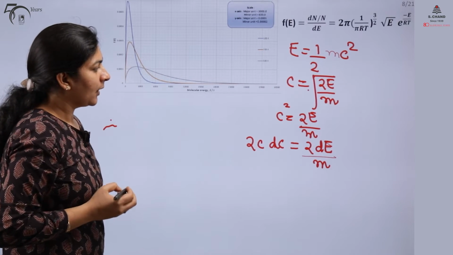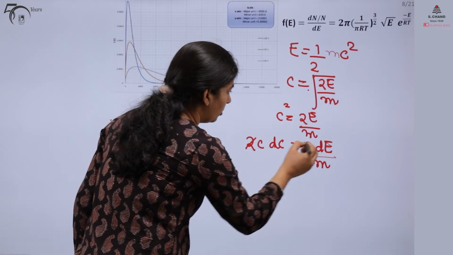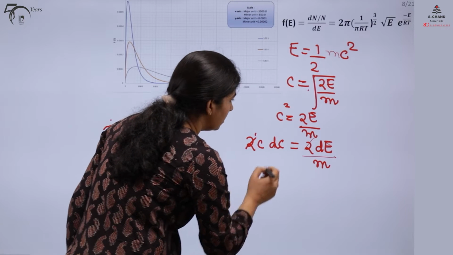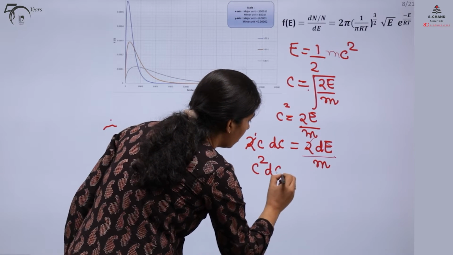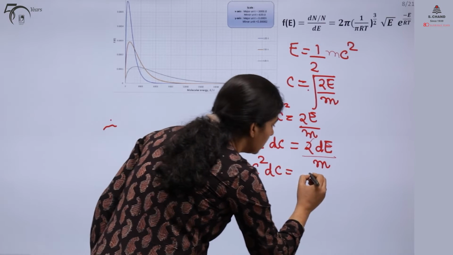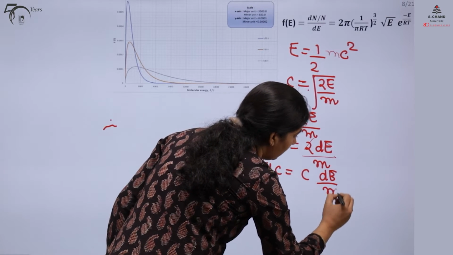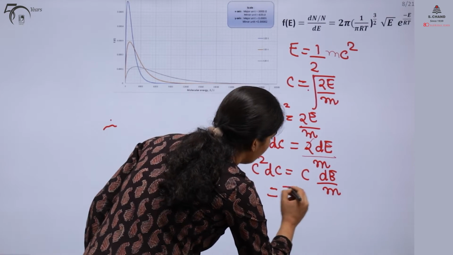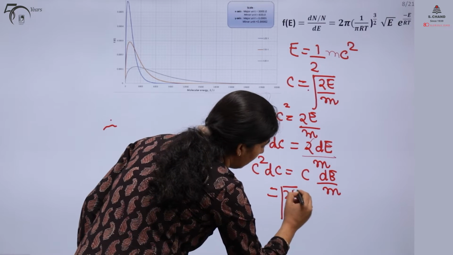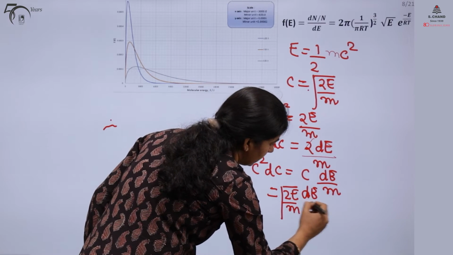So the 2 and 2 cancel, and in case we want to write c square dc, we would write c dE by m, and instead of c we would write root 2E by m, dE by m.